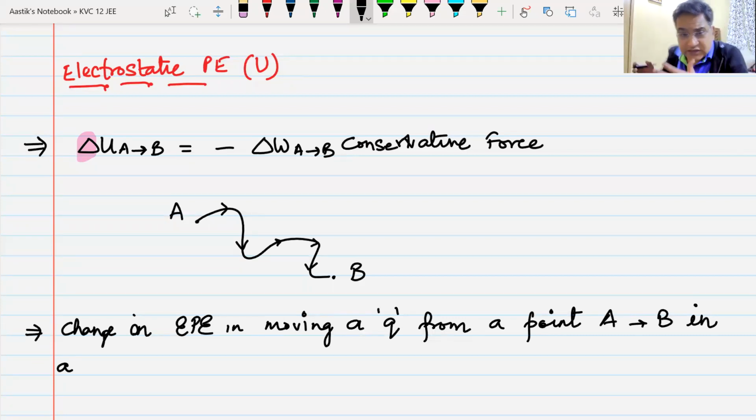Remember, who is going to move this charge?